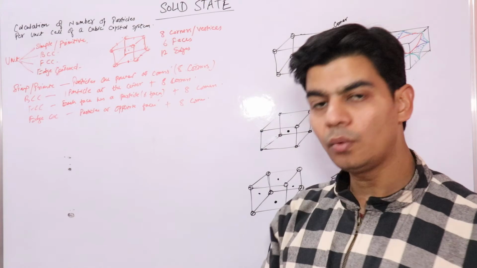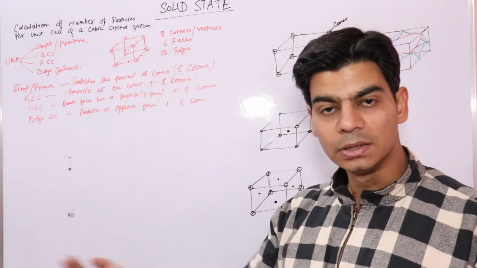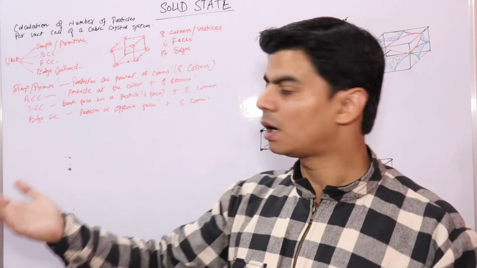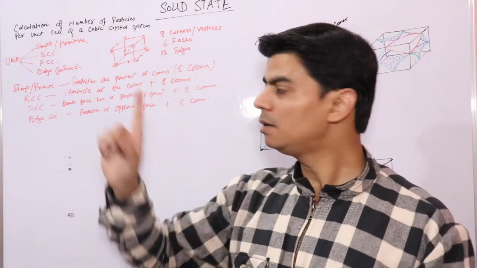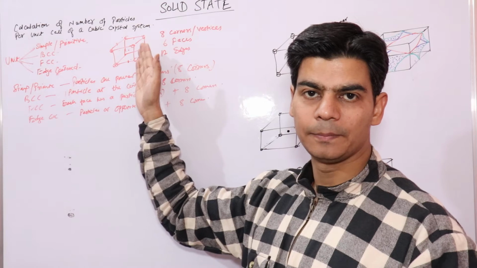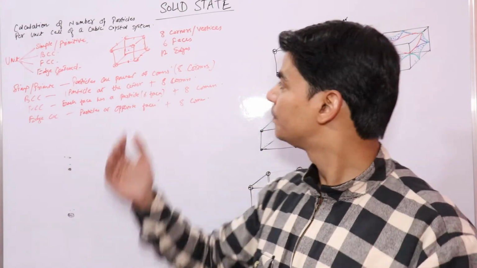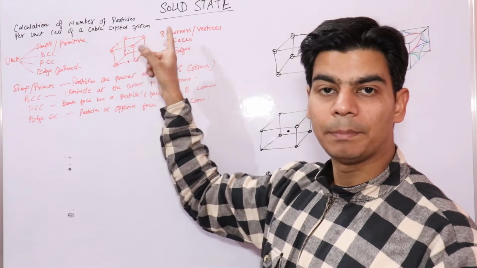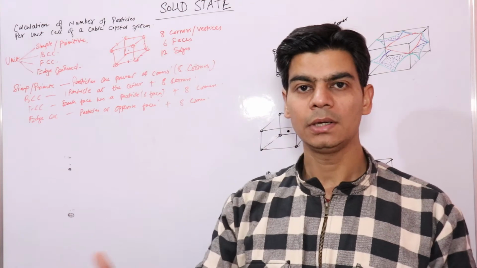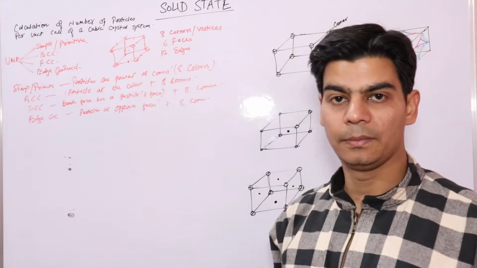Once we know how many other unit cells are touching this particular unit cell, we will see how many other unit cells are sharing one particle or one atom of this unit cell. Once you know how many unit cells are sharing the particles of one unit cell, you would be able to calculate how much that particle belongs to this one unit cell.